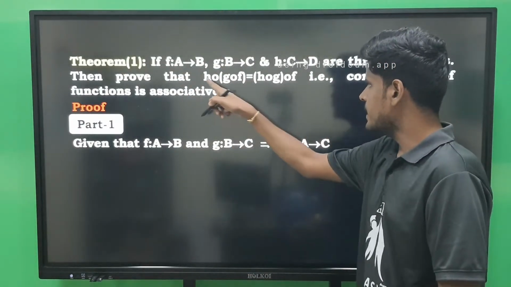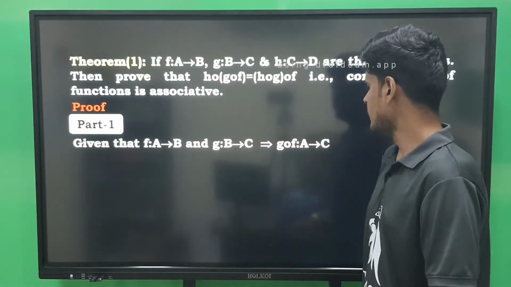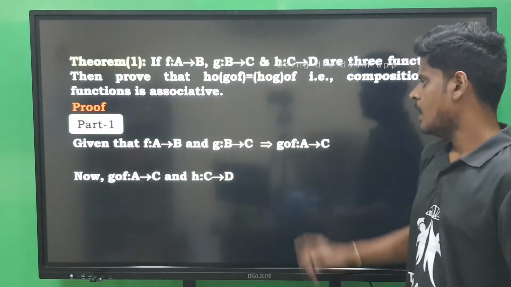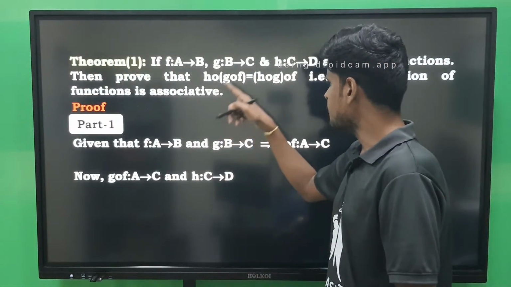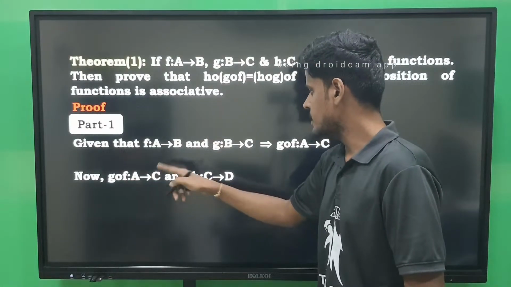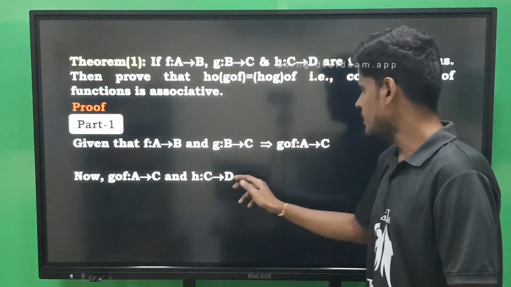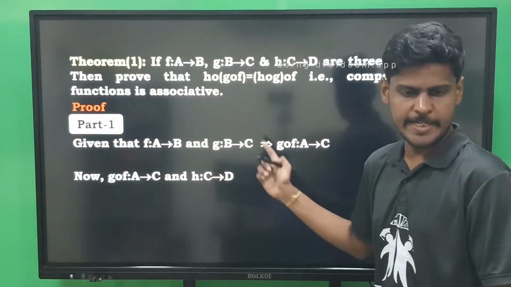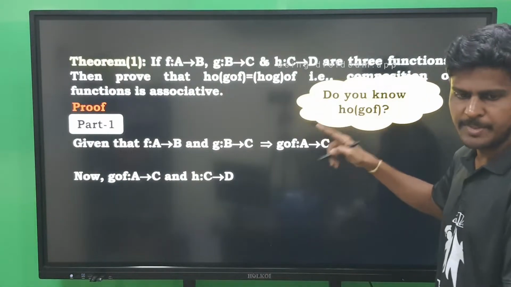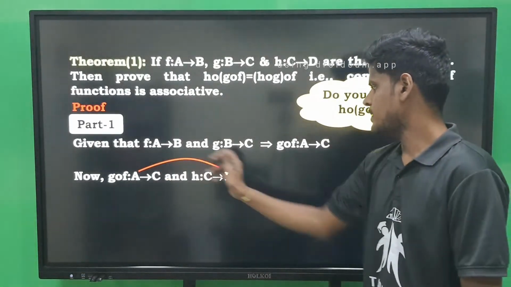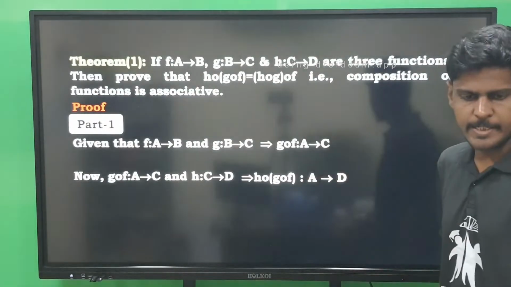Now what we need to find is h∘(g∘f). Now g∘f is a function from A to C and h is from C to D. Now how to find h∘(g∘f)? Again, g∘f is the input, so we will take A, and h is the output, so D. So this function will be from A to D. What is h∘(g∘f)? It is a function from A to D.